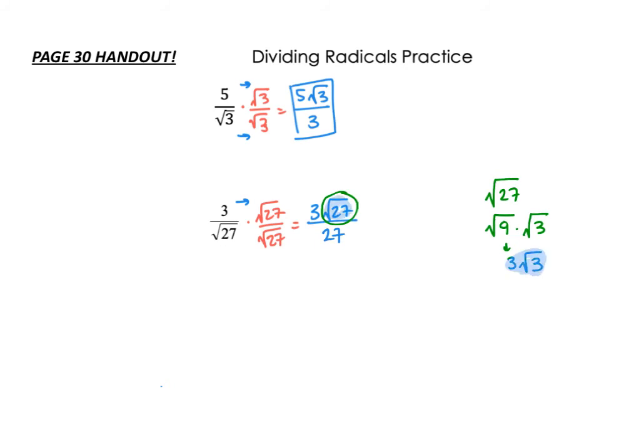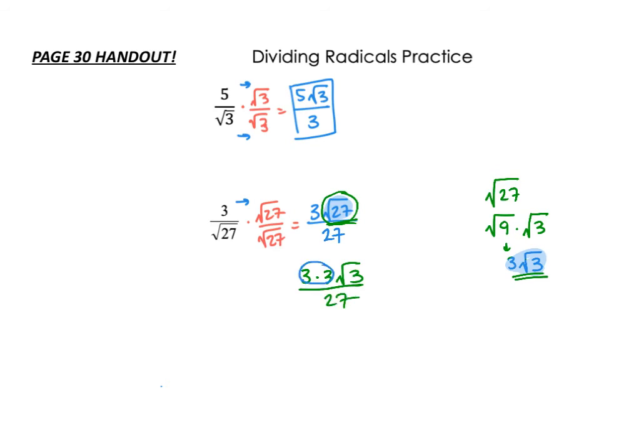So I'm going to replace that here. So this becomes 3 times 3 times the square root of 3. So again, I'm just replacing this for square root of 27 there. Okay, over 27.